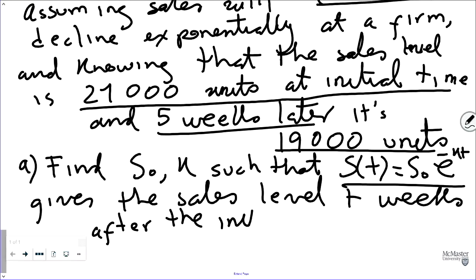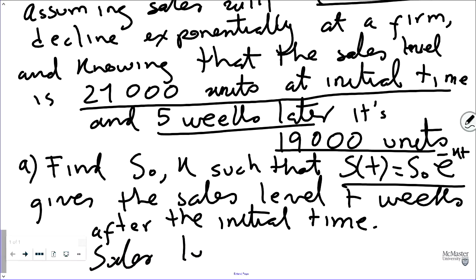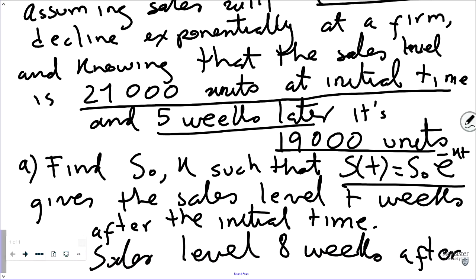If you think about it, what I'm going to do is fit two parameters that define the exponential decline to 2 points. That's all I'm going to do, an exponential fit. Okay? Then there is another question. What is the sales level 8 weeks after?